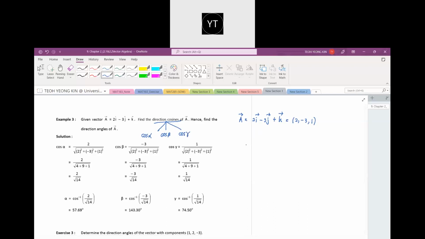So cos alpha is equal to 2. The first one is this. This is a, this is b, this is c. So 2 over the magnitude of this vector, square root of 2 squared plus negative 3 squared plus 1 squared.